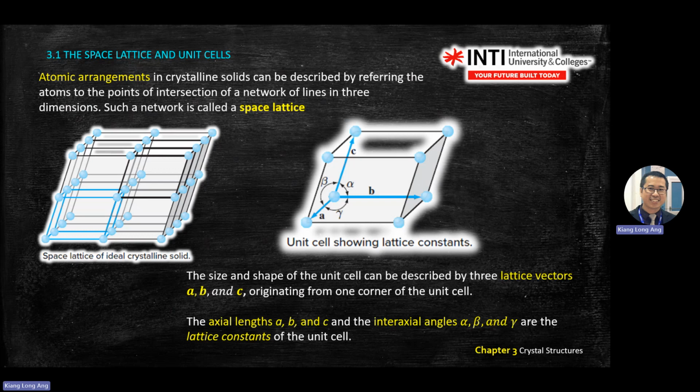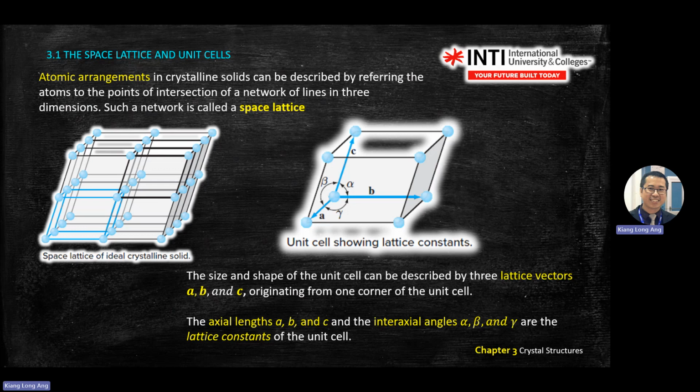Before we start with the space lattice, we give them a few letters. You pick one of the atoms at one corner. The direction coming out from the screen is A, going to the x-axis is B, and going to the Z direction is C. So you have A, B, and C. There are angles between the vectors: alpha, beta, and gamma.